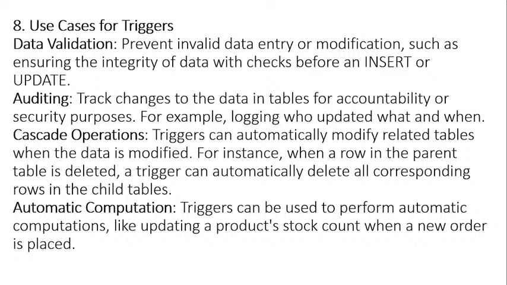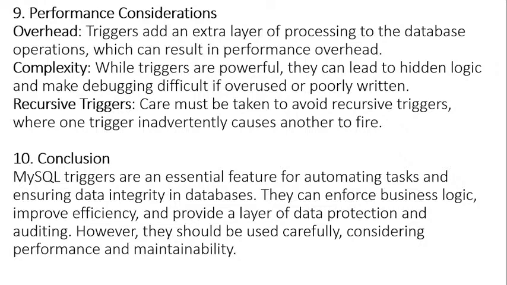Or when there are sales, the store value should drop. So that is a cascaded operation. One action, but multiple effects. Then automatic computation. Triggers can be used to perform automatic computation, like updating the product stock count when a new order is placed.